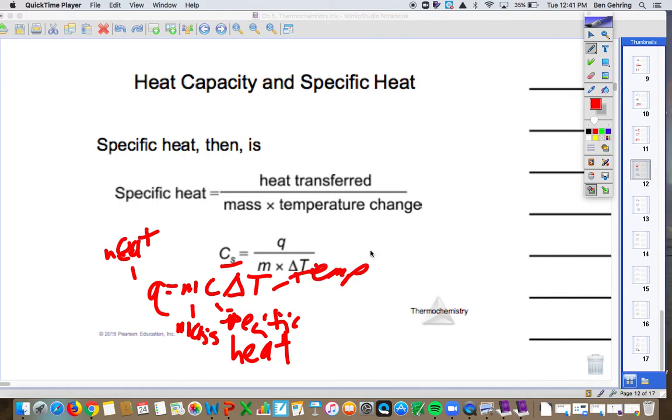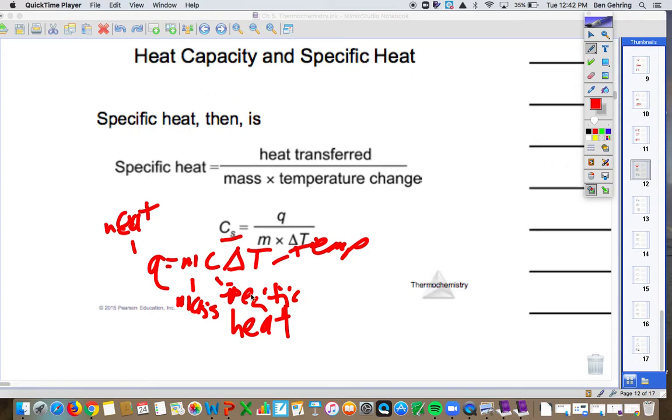That's the equation you'll see in textbooks a lot of the time. If you're solving for C, then you divide by M delta T, because we're looking for a temperature change.